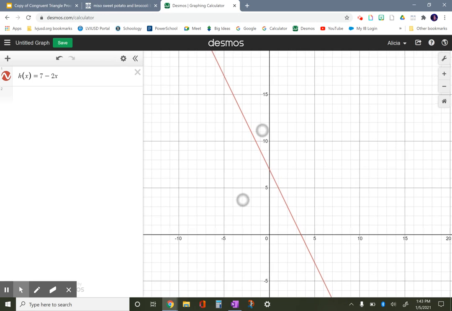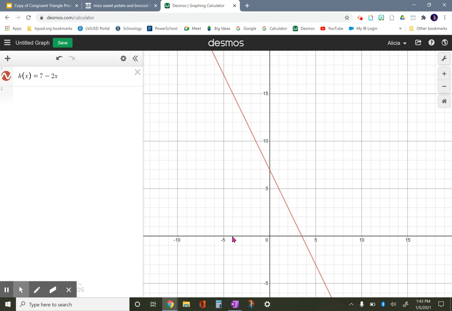Okay, and we found h of -4. So here's -4. Go along the line, and it's kind of hard to get it exactly, but if you look at -4, what is the y value? It's 15. And isn't that what we got as our answer? Right? So there's the ordered pair -4, 15.